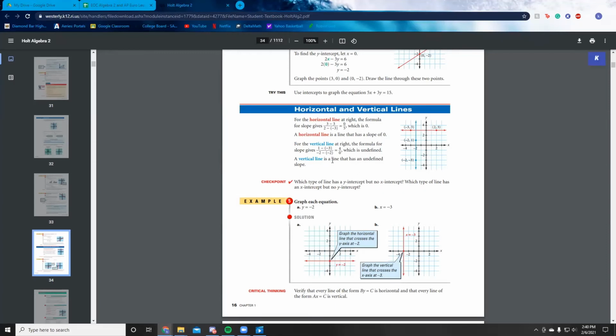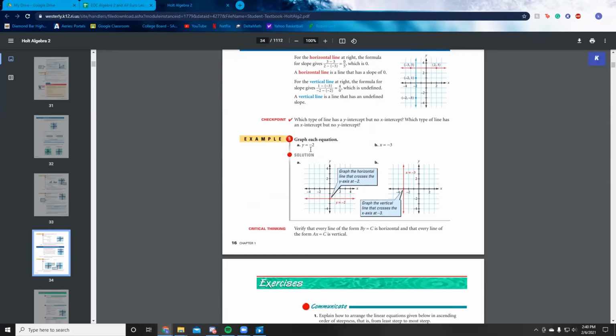And usually a vertical line is a line that has an undefined slope. So when you look at y equals negative 2, you go to negative 2 and you just put a line. But for x equals negative 3, you just go to the x and it's vertical rather than horizontal. Like I said, I'm going to do more examples, but for now, I'm just letting you know.